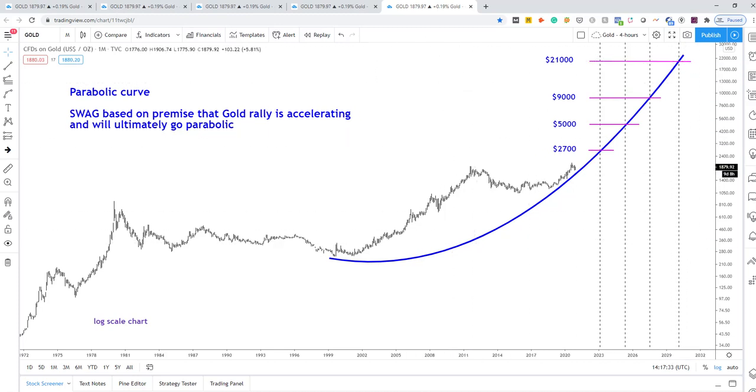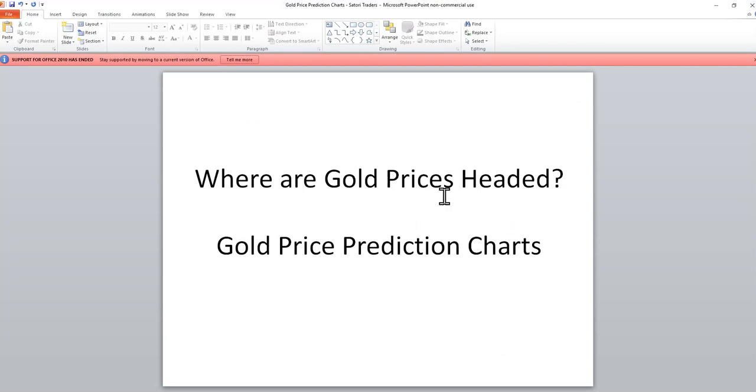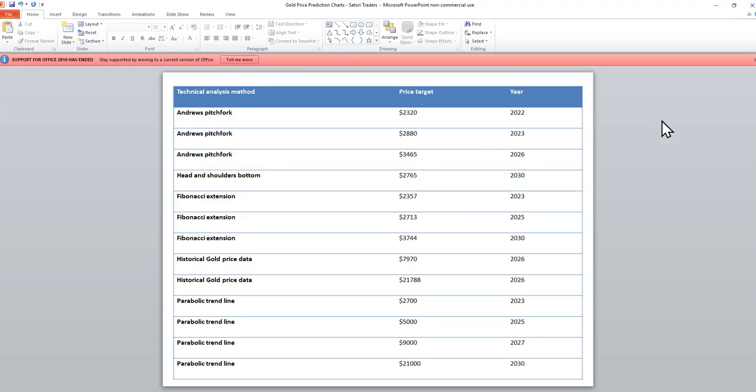Again, we will see. And then the final thing, when we consolidate all of our results into one table, this is what we get. And for myself, I'm interested in the closer end targets, and the ones that have a little bit more science to them than others.